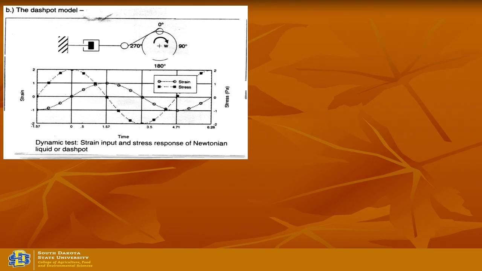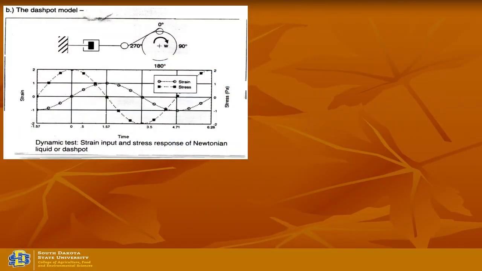So what it means is, if your sample is more viscous in nature, the phase angle number you get from the system should be closer to 90. If it is more elastic, it will be closer to 0.